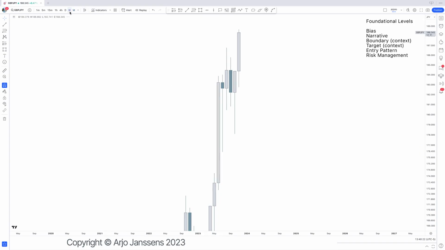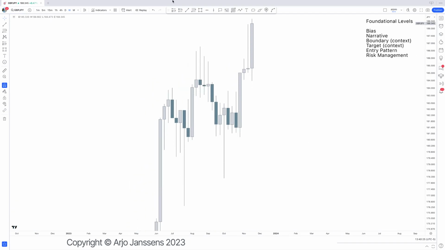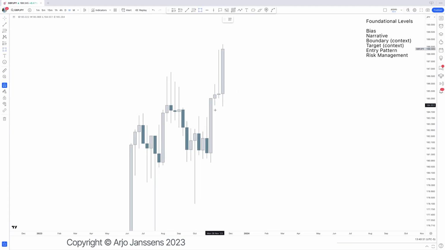If we then go into the weekly, we also see this weekly fair value gap being created right there. It shows bullish intention. Then, the most important one is this weekly bullish fair value gap right there. That is quite interesting, because that shows us bullish intention.